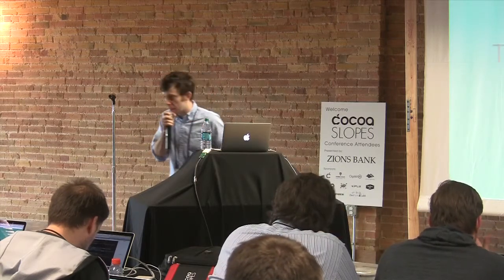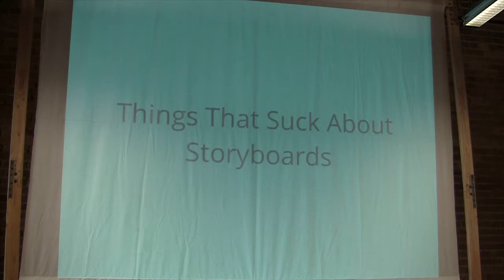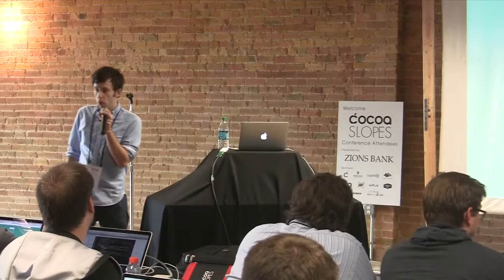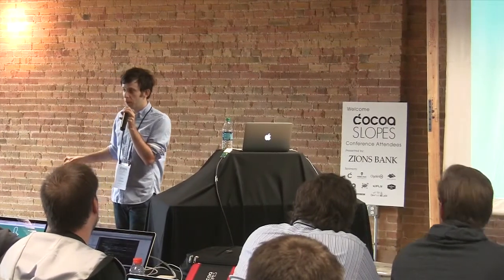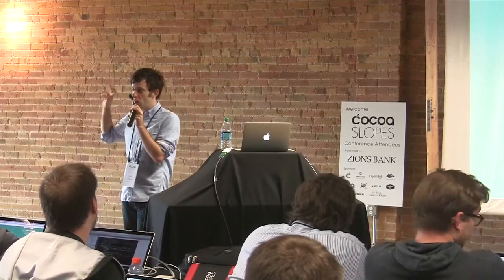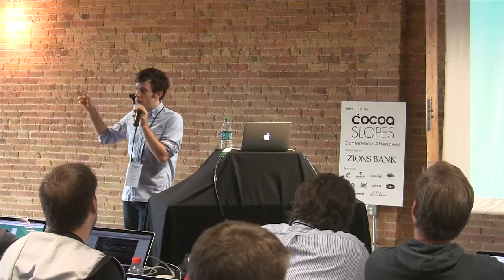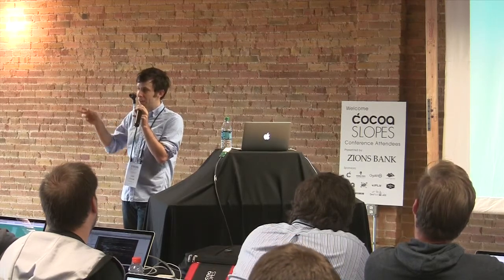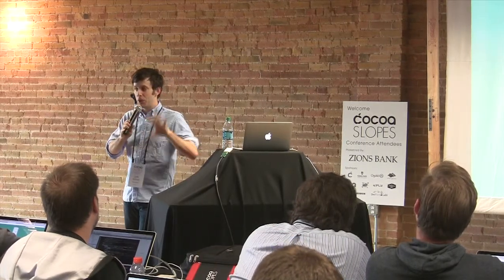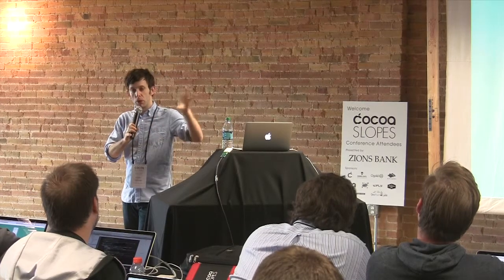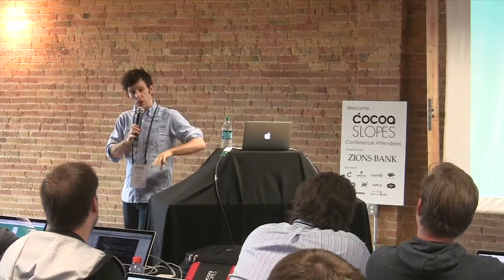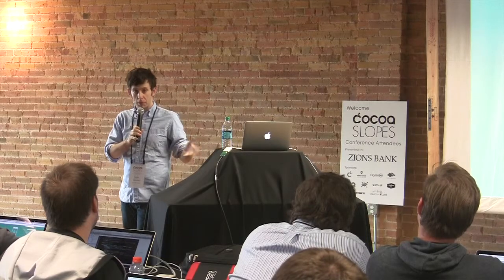So, things that suck about storyboards. I am not really a giant fan of the way the segue thing works, where you set up your segue in your storyboard, and then it calls back this method with an identifier, which is a string, and then you have to use that to figure out what you need to do to set up the view controller it's about to show. And you have to make a lot more stuff public so that it can be set in that way.